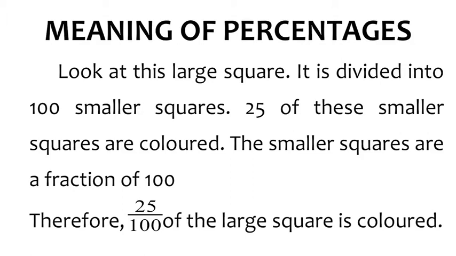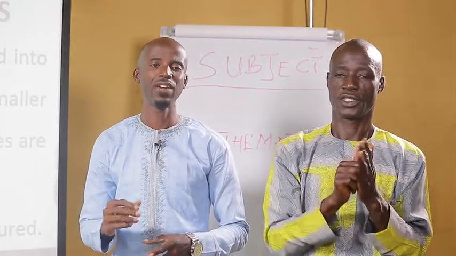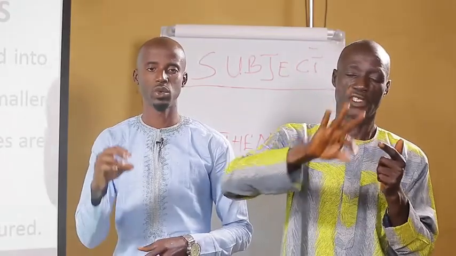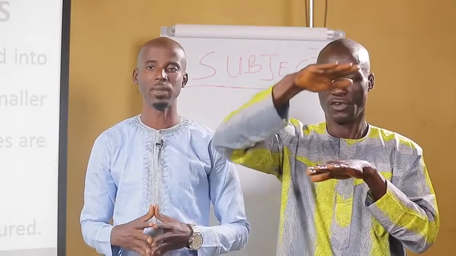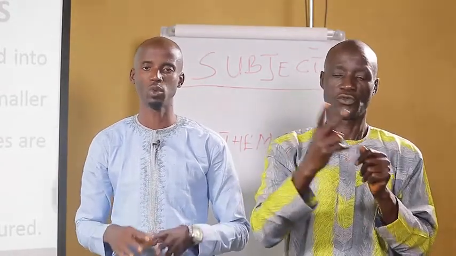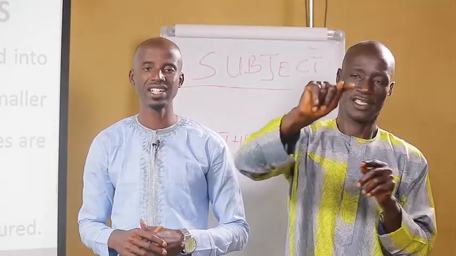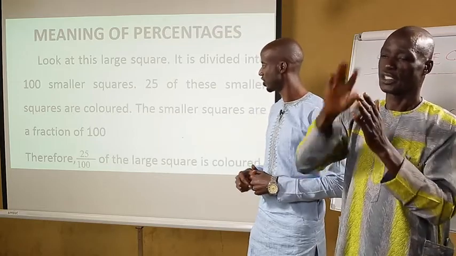So we say that in every 100, when 25 is picked, you have 25 as the numerator and 100 as the denominator. So when a number is picked, and it could be 2, it could be 5, it could be any number, but once the denominator is 100, that shows that that number is already in percentage.